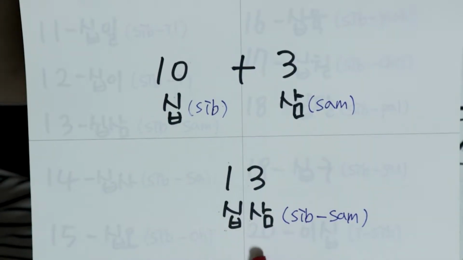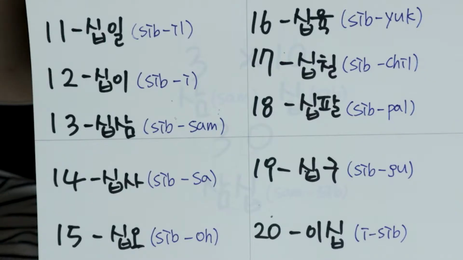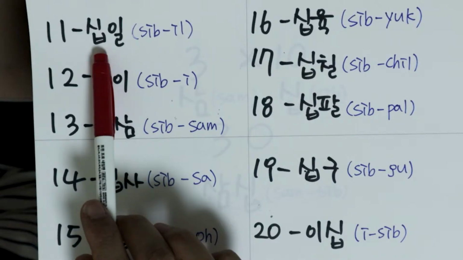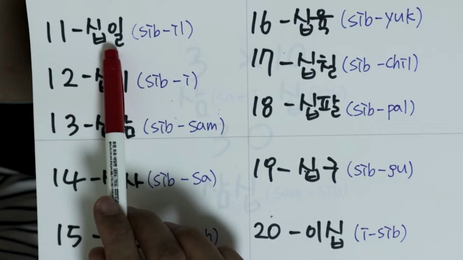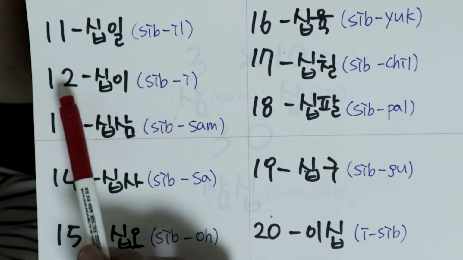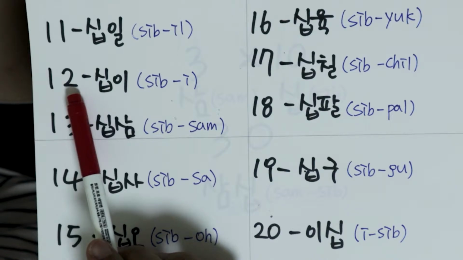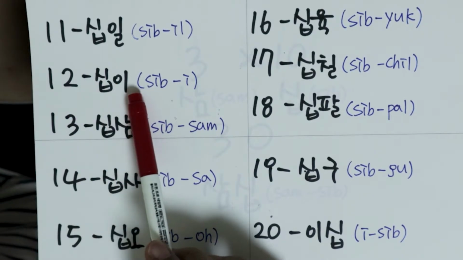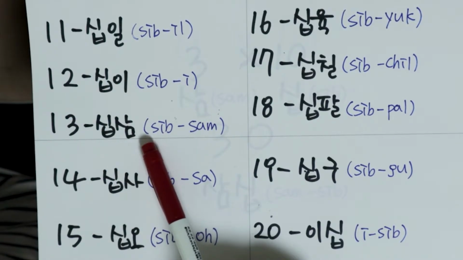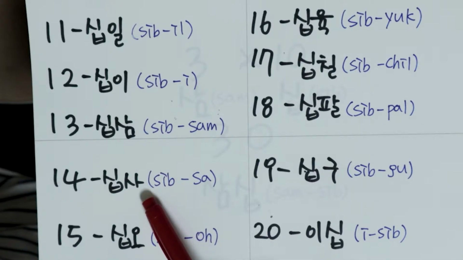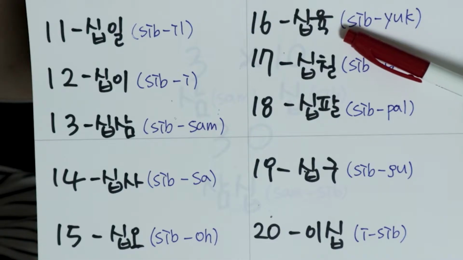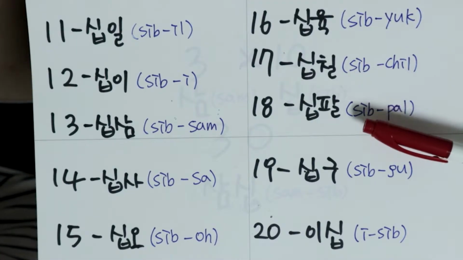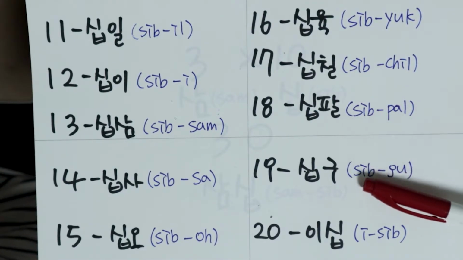Let's count from 11 to 20. 11 because 10 plus 1. 12 because 10 plus 2. This is 13 and this is 14. 15, 16, 17, 18, 19.